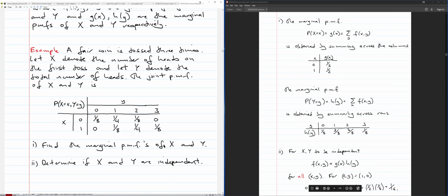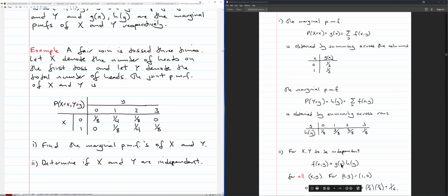Now when x is equal to 1, what you want is this g of x evaluated at 1. Remember what this g of x is: it's just the marginal PMF of the random variable big X. I'm testing this equality here, so I have 1, 0.